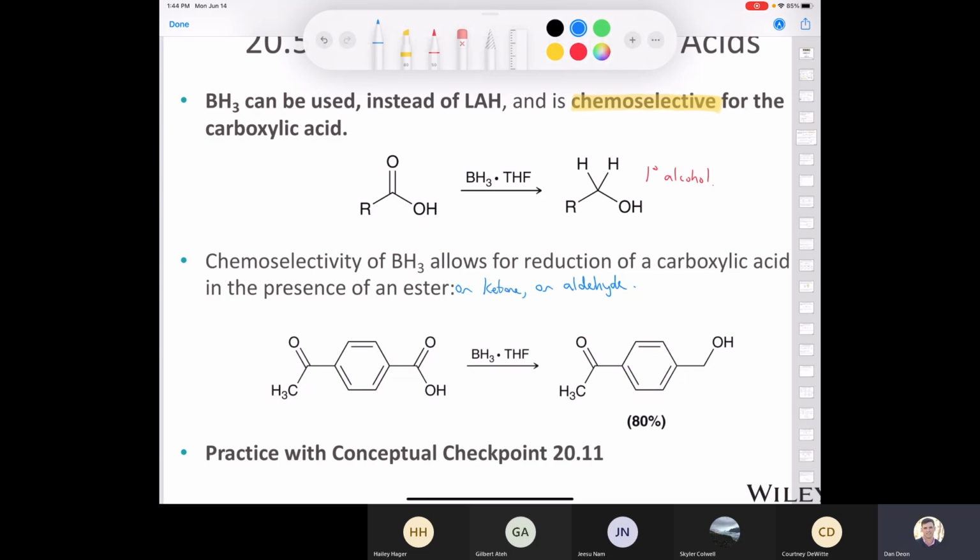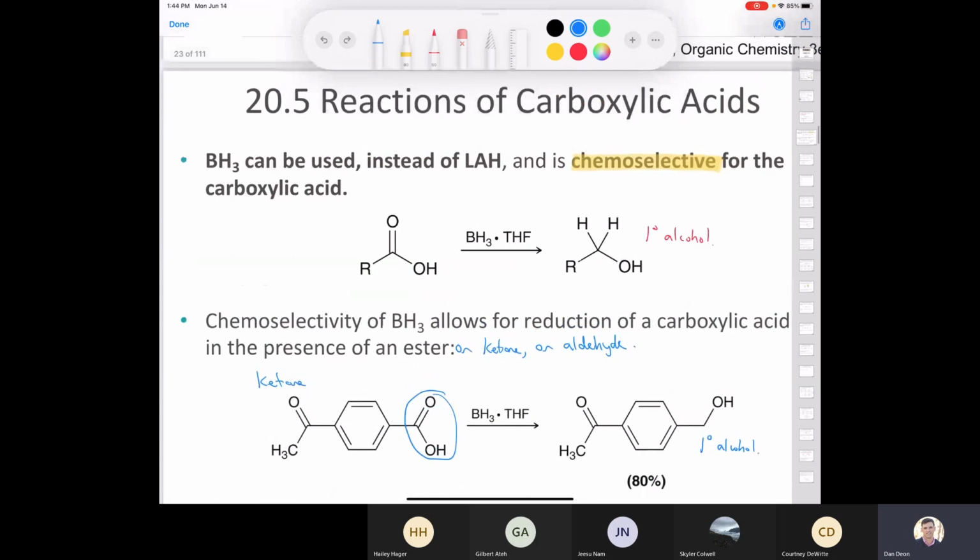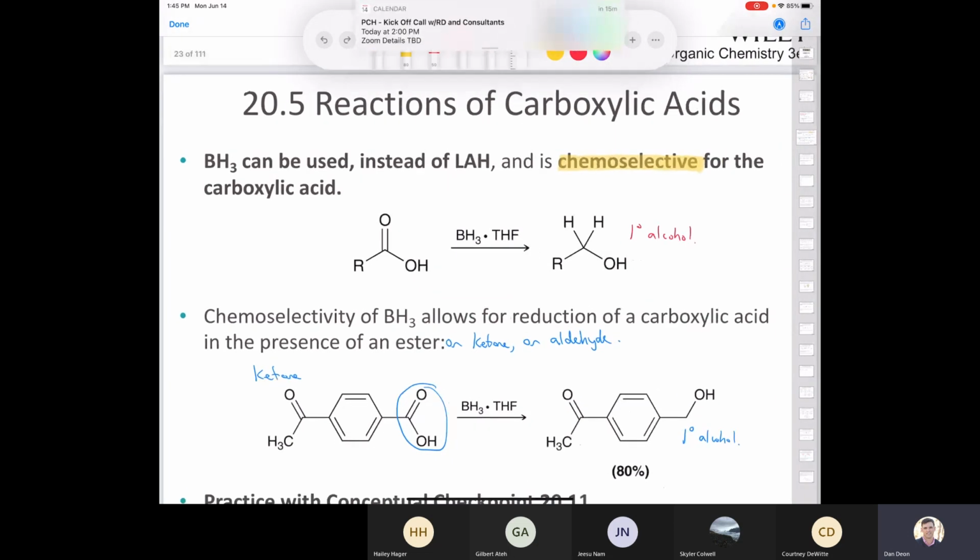So you see here that we have a ketone, and then we have our carboxylic acid over here. Well, we reduce that to a primary alcohol, but the ketone remains completely intact. Okay, it doesn't get touched. So that's what we call chemoselective. It will reduce one functional group, the carboxylic acid group, but it won't reduce a ketone or an aldehyde. And what's cool about this, you might not be thinking about this right now, but there's no need for a protecting group, right? You don't need any kind of group to protect the ketone.